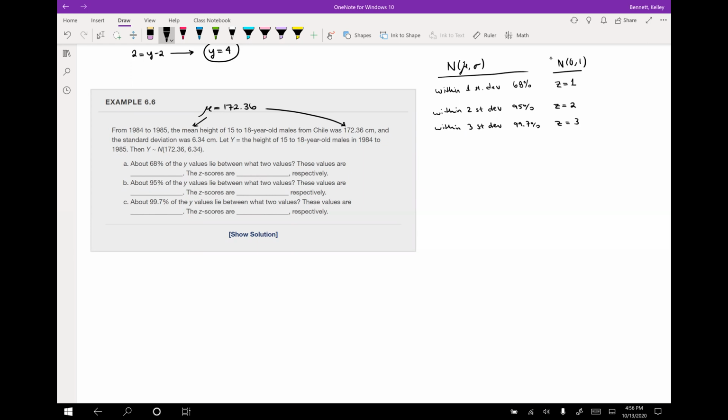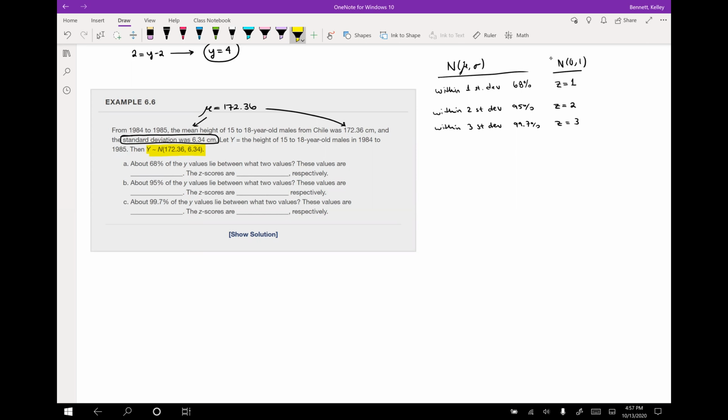The standard deviation was 6.34. Let Y be the height of 15 to 18-year-old males in Chile from 84 to 85, right? So then we can see here, Y follows a normal distribution with mean, as we identified, 172.36, and standard deviation 6.34.